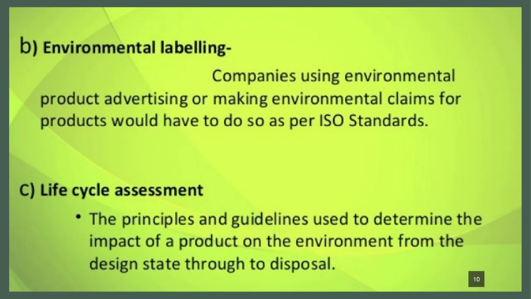Whatever product they are generating, it should not produce any adverse effect on the environment. Next, environmental labeling. Companies using environmental product advertising or making environmental claims for the product would have to do so as per ISO standards. That means whatever they are going to label should be as per ISO standards.